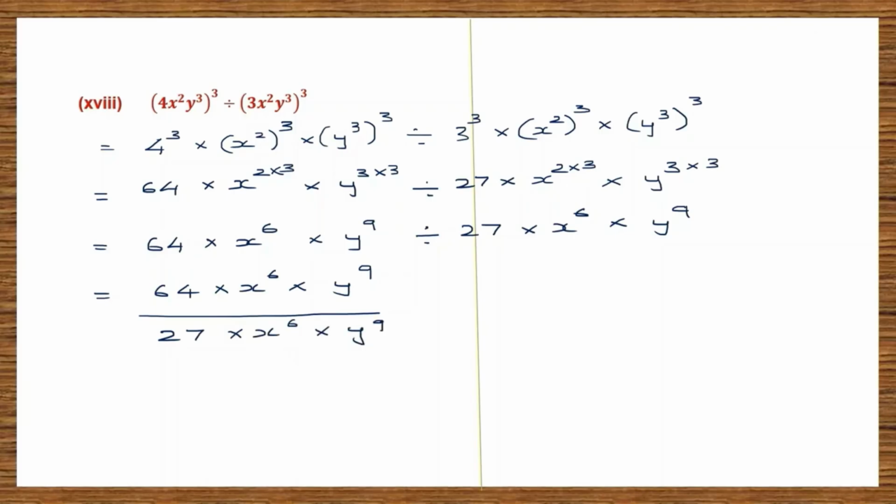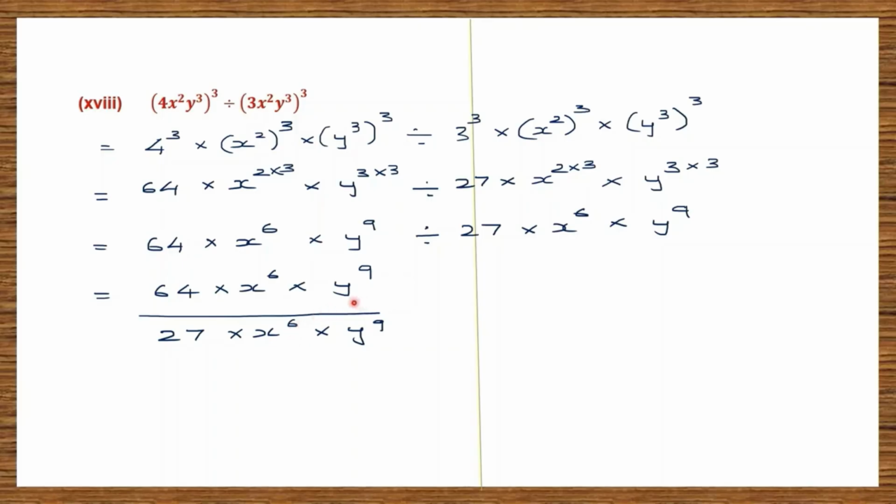Now as you can see, the numbers 64 and 27 cannot be reduced further. Okay, so they will remain as 64 by 27. But look at x to the power of 6. When it is division, we minus, isn't it? So 6 minus 6 is 0, and x to the power of 0 is 1.